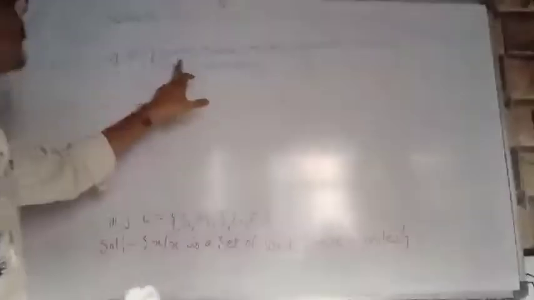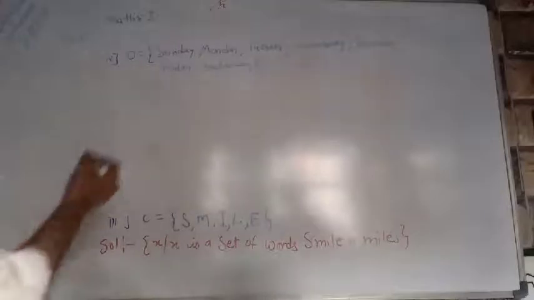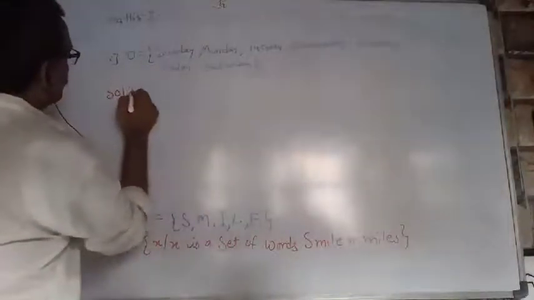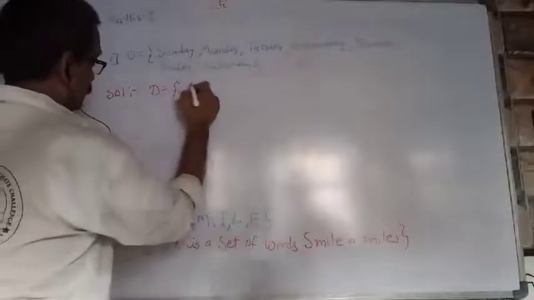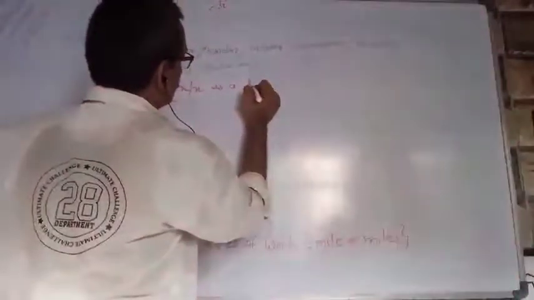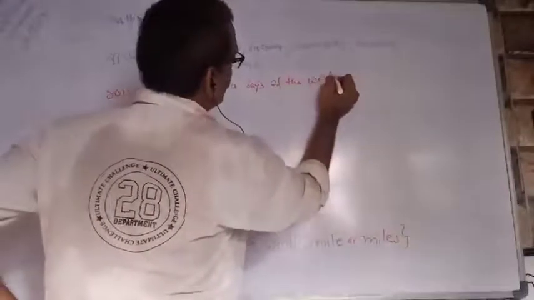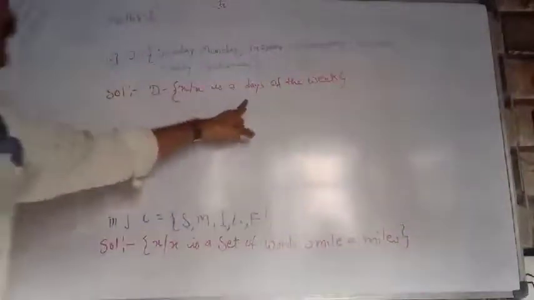D equals, in brackets, Sunday, Monday, Tuesday, Wednesday, Thursday, Friday, and Saturday. It is the set of days of the week.